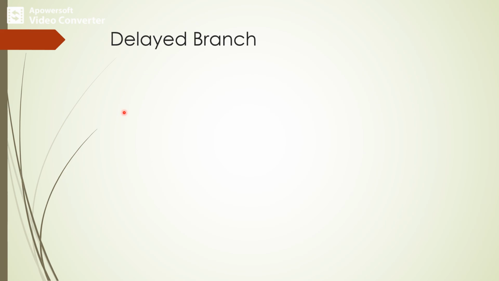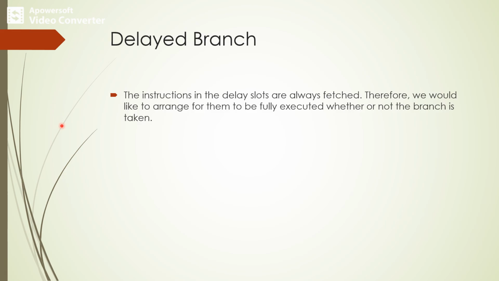So now we'll take the delayed branch instruction. I'll consider that the processor fetches the instruction I3. The processor will fetch the instruction I3 before it determines whether the current instruction I2 is a branch instruction.